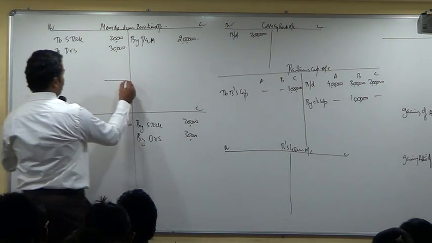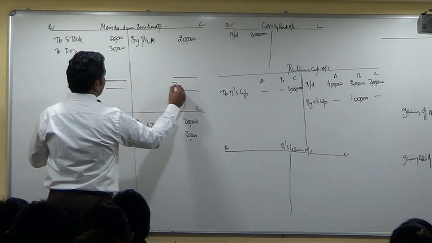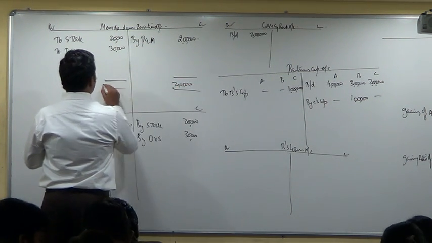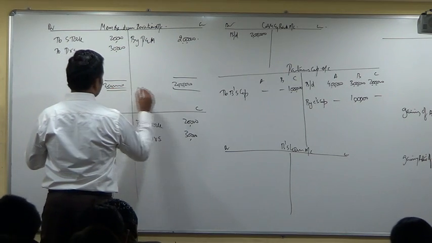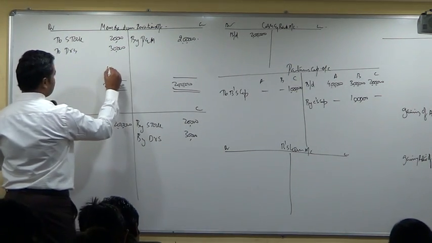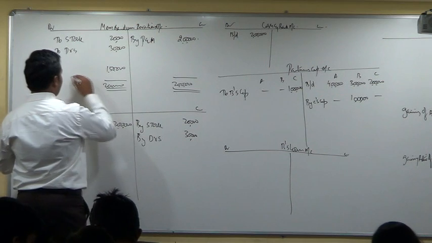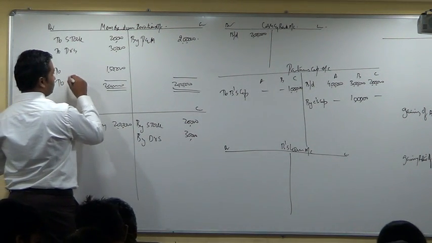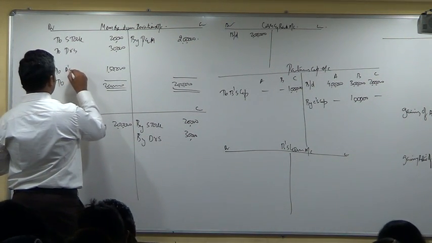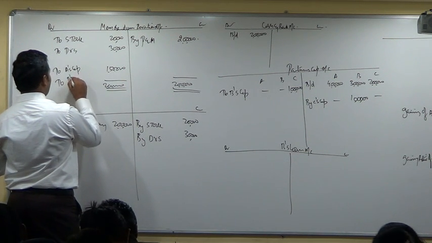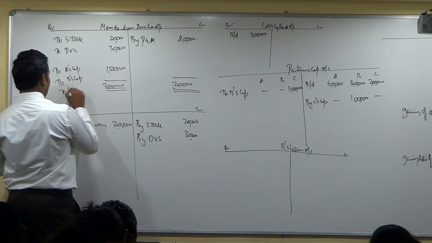Tell me how much is left in the memorandum revaluation account. 2 lakh minus 50,000. 1,50,000. To A's capital, to B's capital, to C's capital.